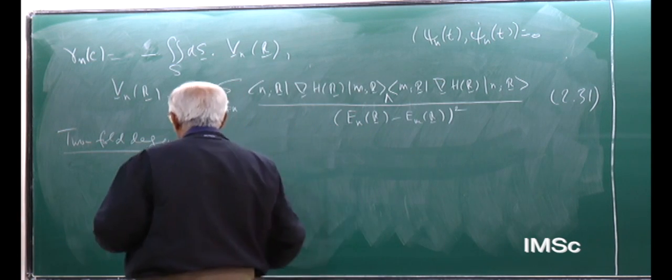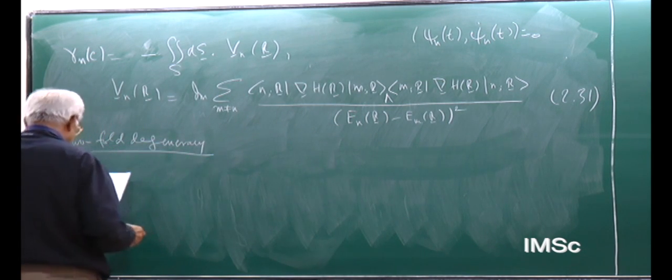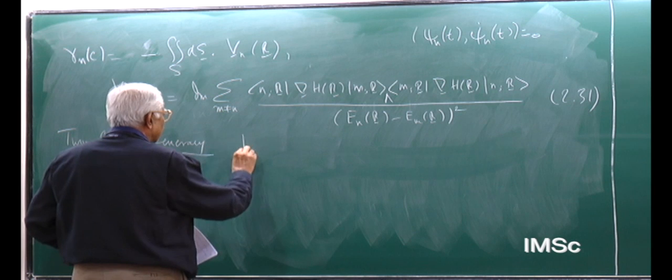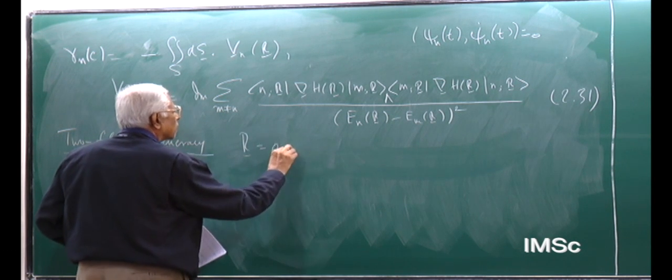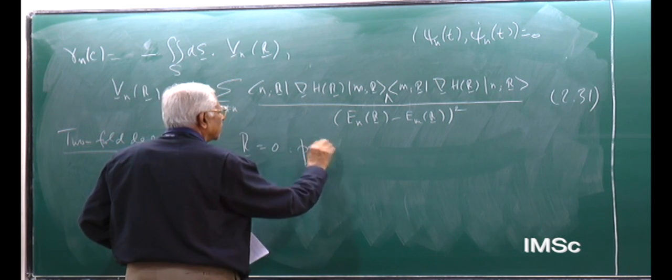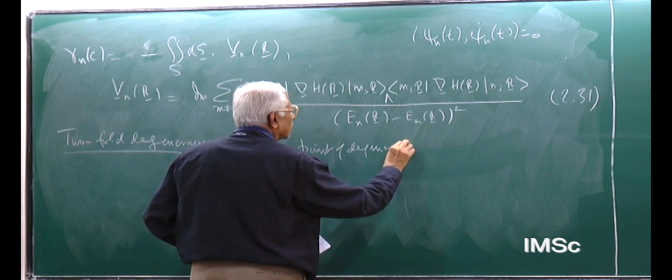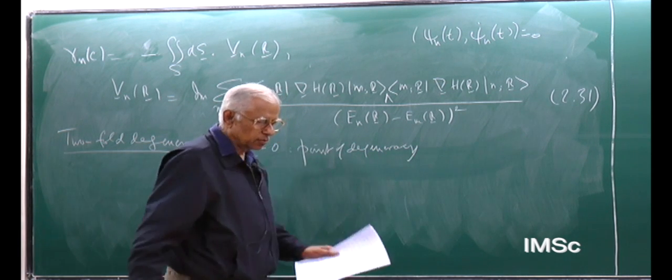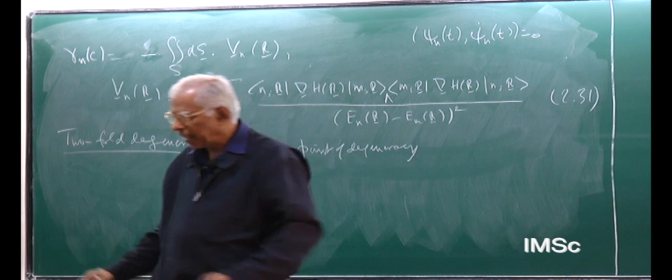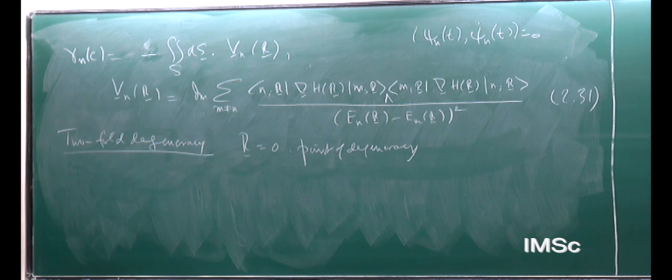Okay, so now we imagine, supposing that for convenience, we say two levels of the Hamiltonian happen to become degenerate at a certain point in parameter space.